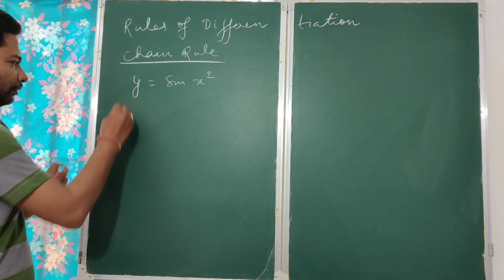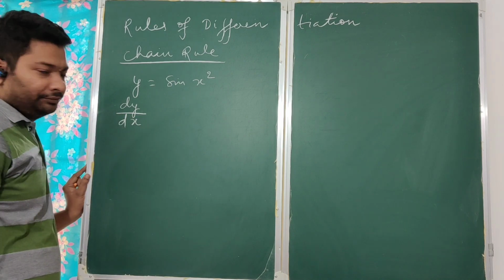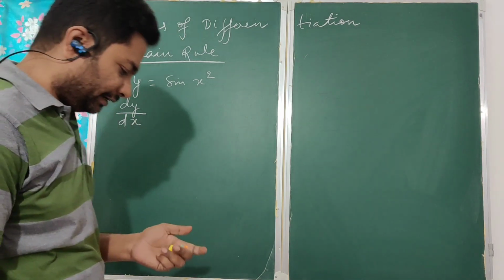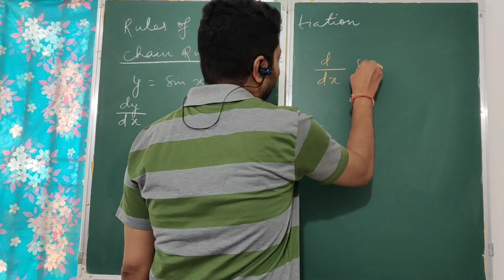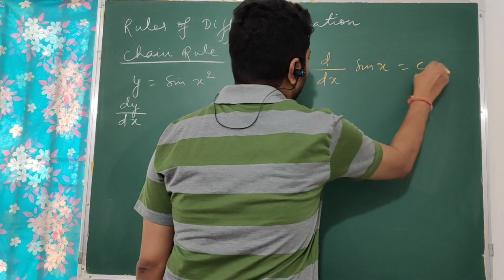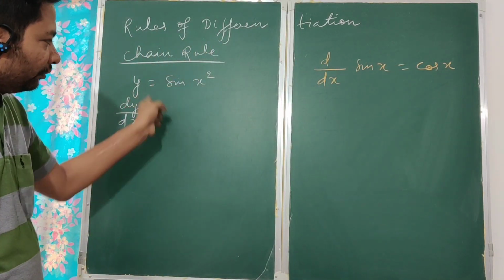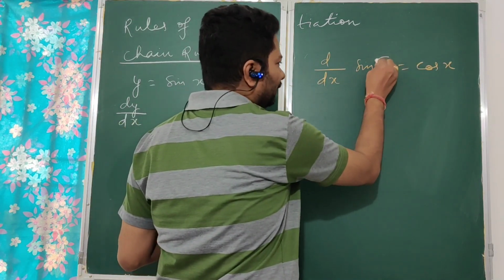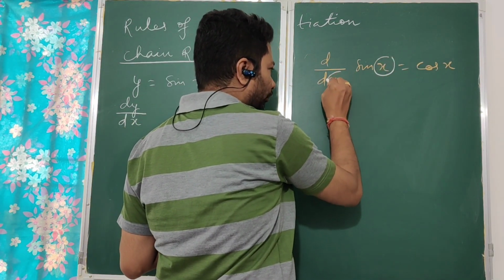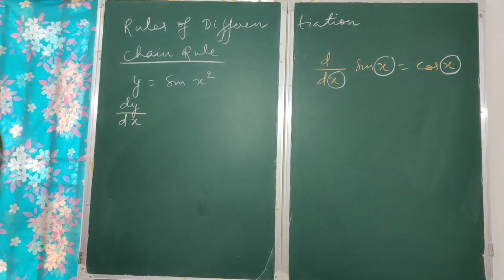Now if I ask you to find the value of dy by dx, what have you learned? You have learned that d by dx of sine of x is equal to cos x. This is a standard formula. But the standard formula requires that if you have x here, then here also you should have x, and finally you get your answer in terms of x.